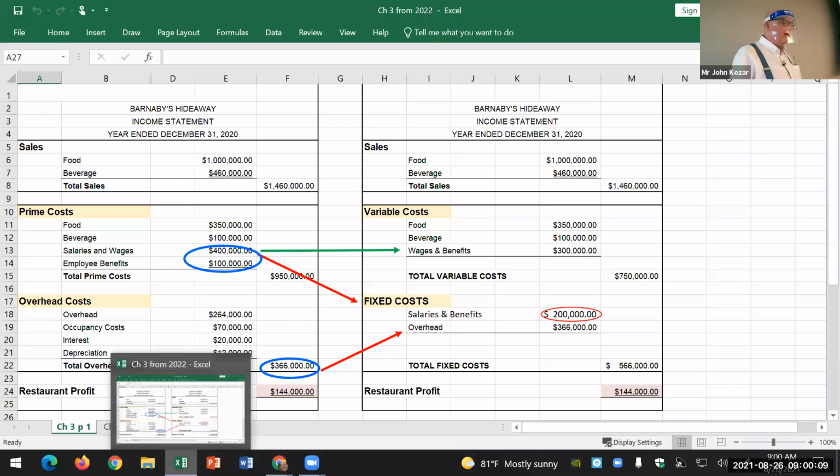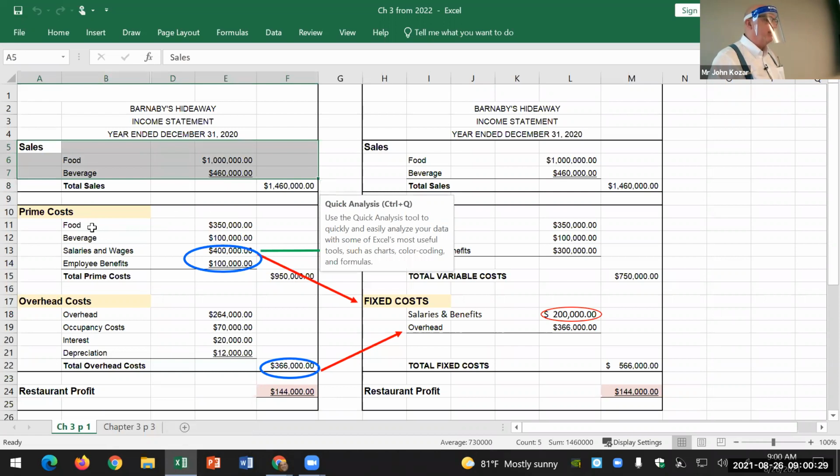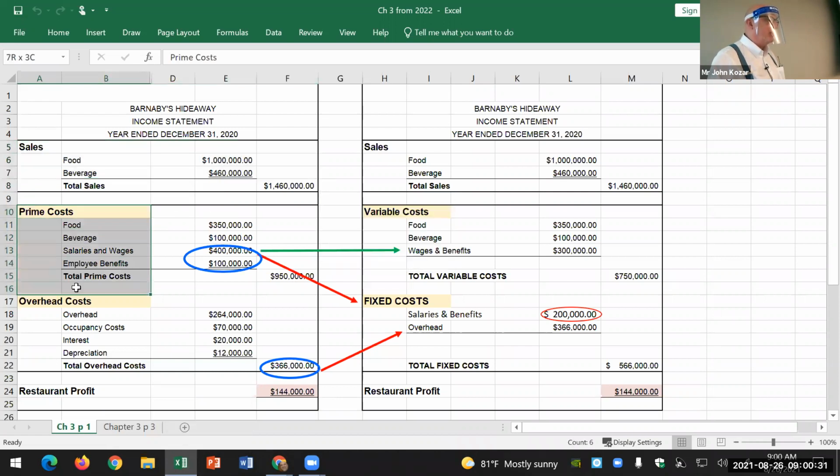So I've got side-by-side income statements here, and they actually represent the same information. What we've seen before, we've got sales at the top. We've got our prime costs, which is the food, beverage, and labor. And then we have our overhead costs separately.